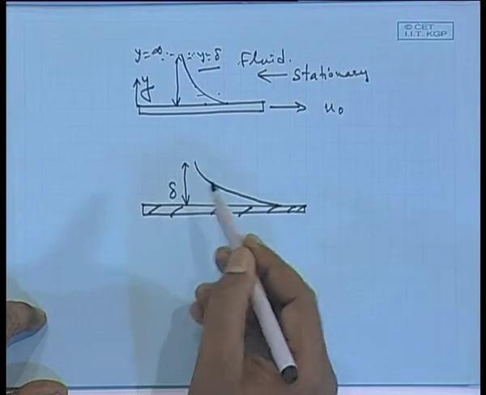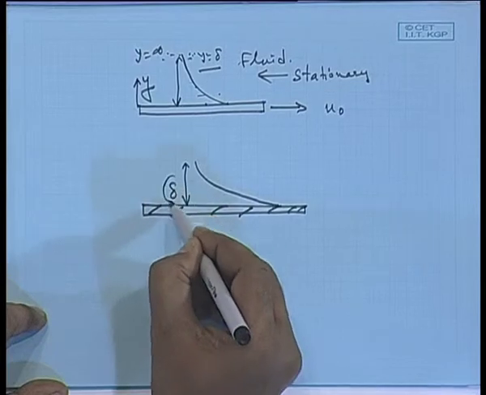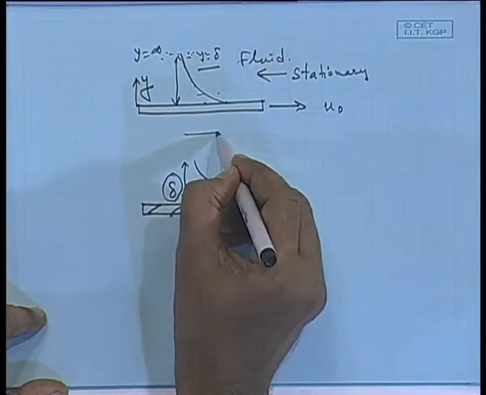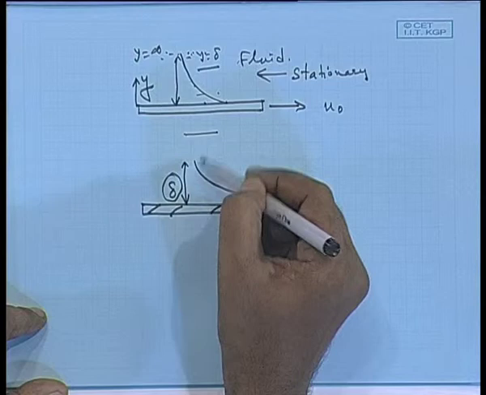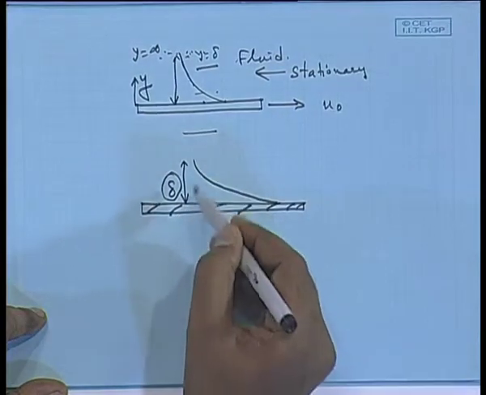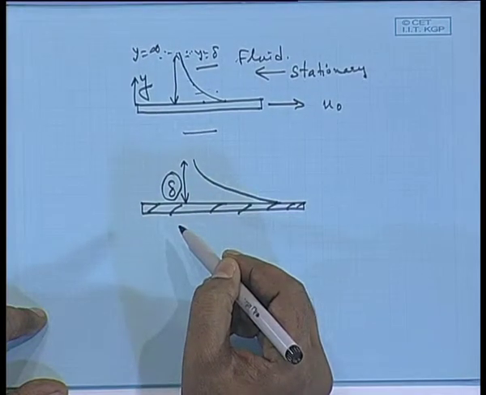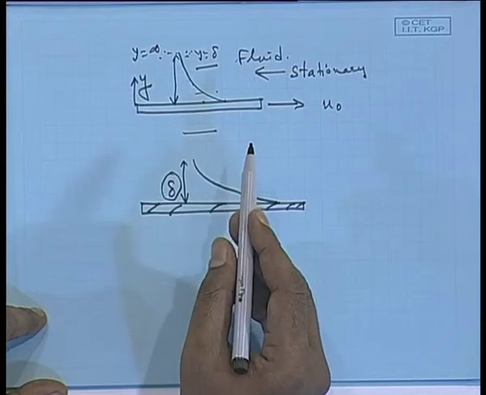This is a typical boundary layer effect, and this will have a very small value. Now, if you are sitting here, it is as if you are sitting at infinity compared to this height. Okay, are you getting my point?